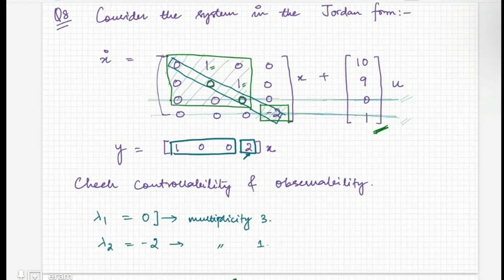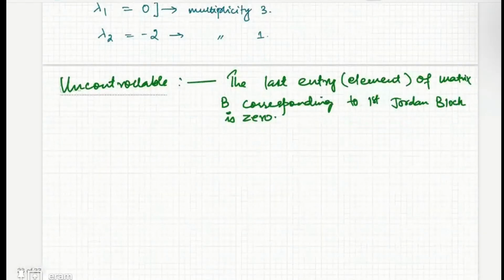Now for the first Jordan block, we check the first entry and it is non-zero, equal to 1. Since both first entries of the C matrix corresponding to each Jordan block are non-zero, the system is observable.